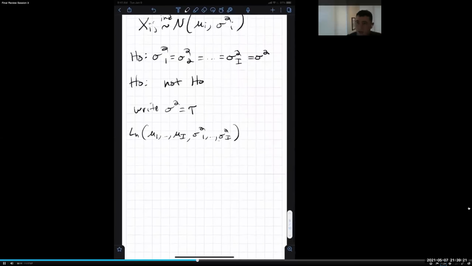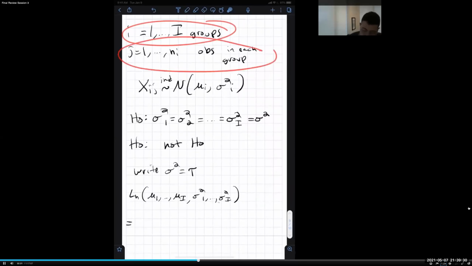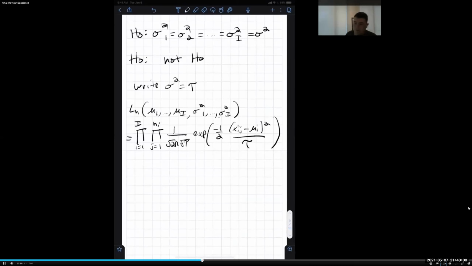These are all Gaussian, so this is a product of Gaussian densities. However, it's a double product: over all of the groups, and then over all the observations within each group. That's the product from i equals 1 to I, and j equals 1 to n_i, of 1 over root 2 pi, times root tau, or tau to the 1/2, times the exponent of negative 1/2 (x_ij minus mu_i) squared over tau.